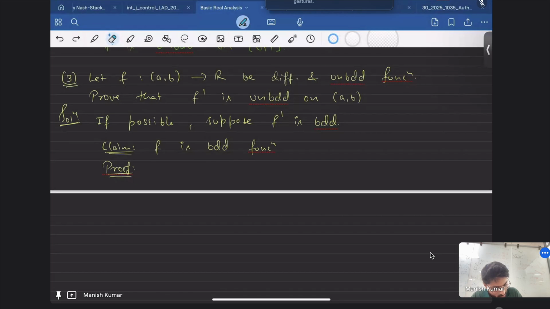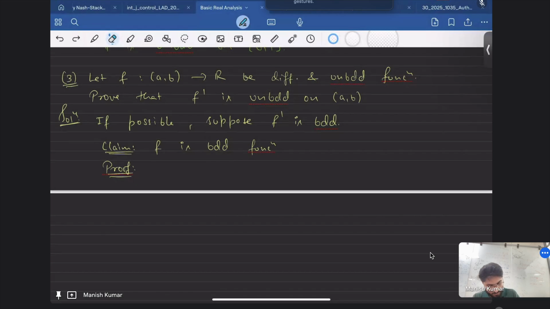If I add and subtract, then can it help? Here I'll get the derivative term f prime of zeta times mod x minus y, which is again bounded, plus mod f(y).